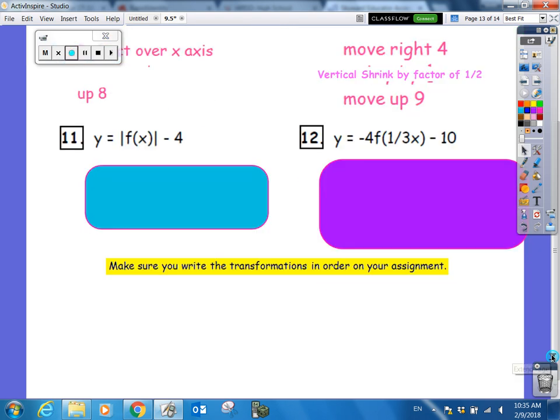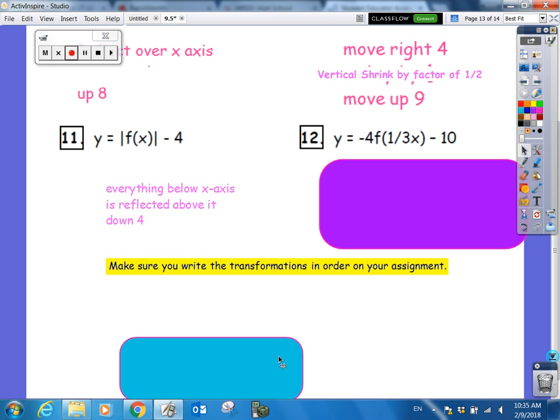All right, number 11 is a little wordy one. You just got to list all those words if we ask for what it is. So when it's the absolute value around the whole function, that just means anything below the x-axis is reflected above it. Then we move that down 4. Below the x-axis is reflected above it, then down 4.